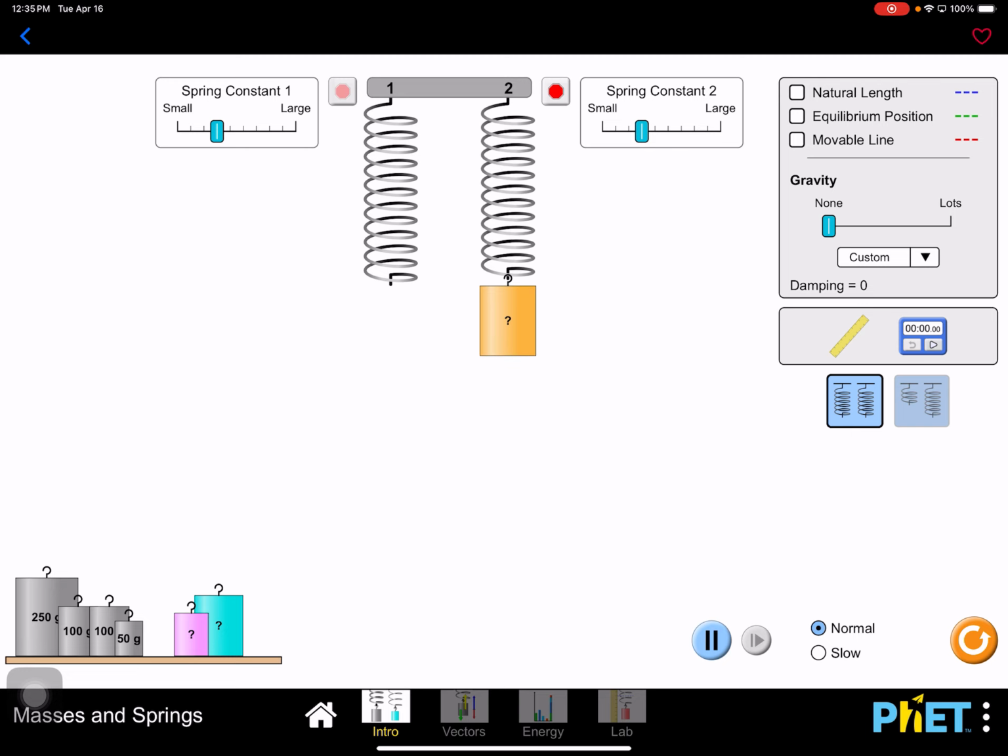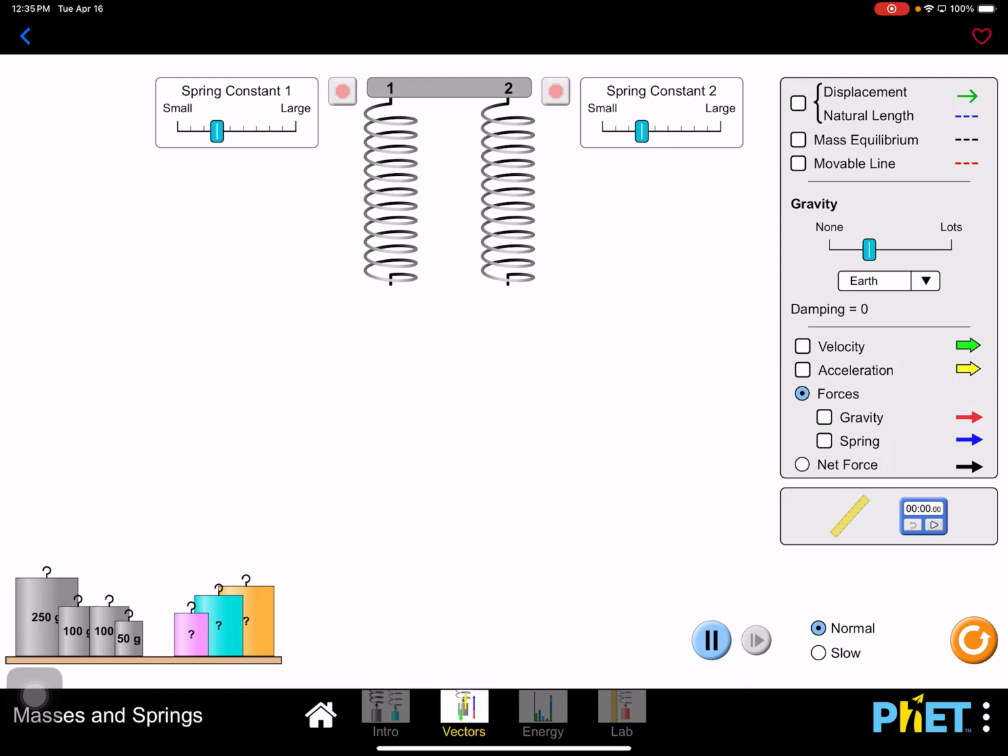So let's say here's the system, here's the equilibrium state of the system. So if I pull down, no gravity, forces, spring force.